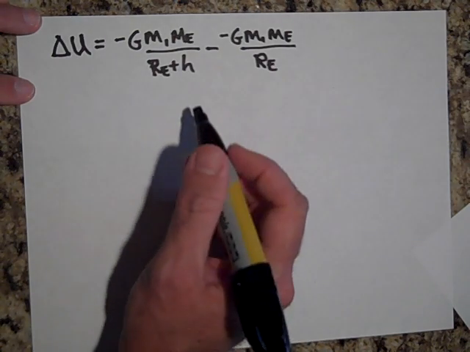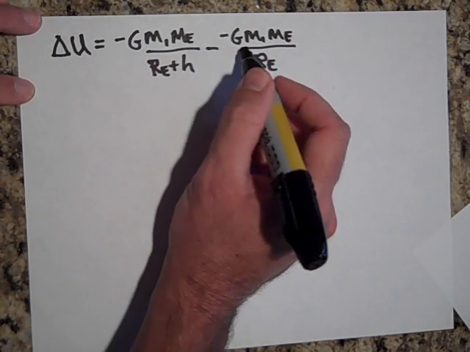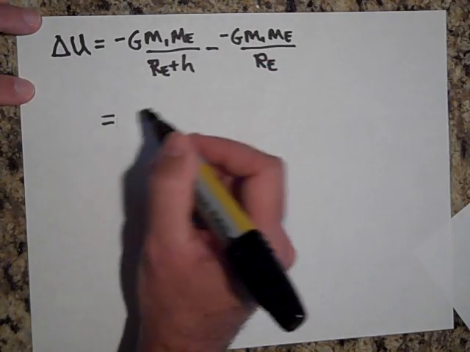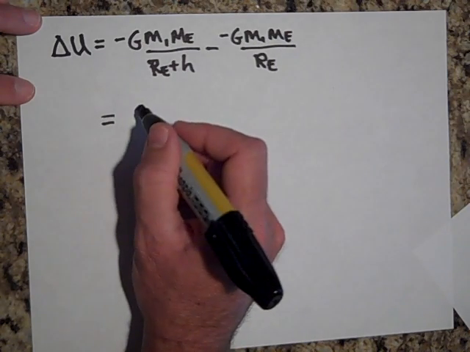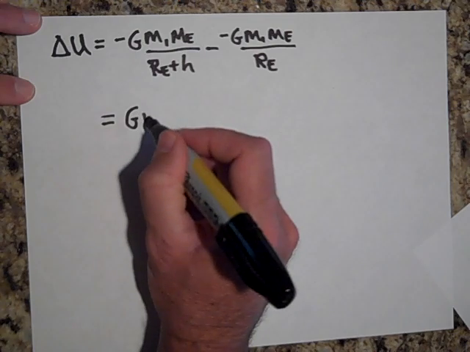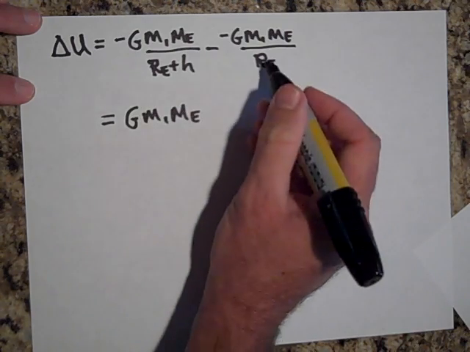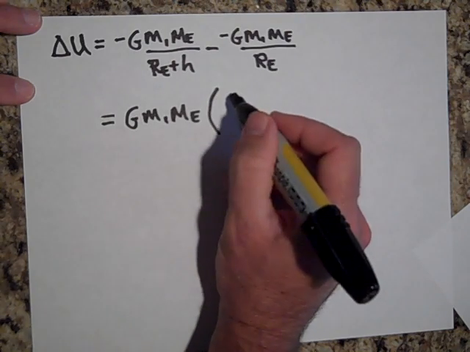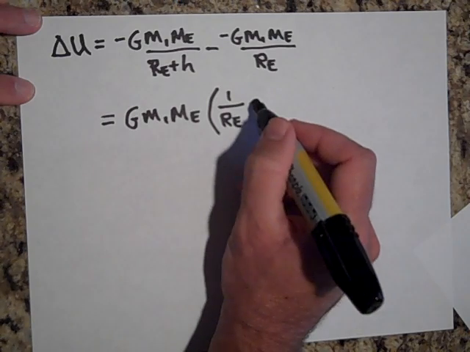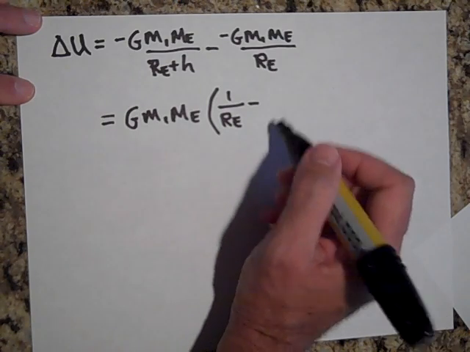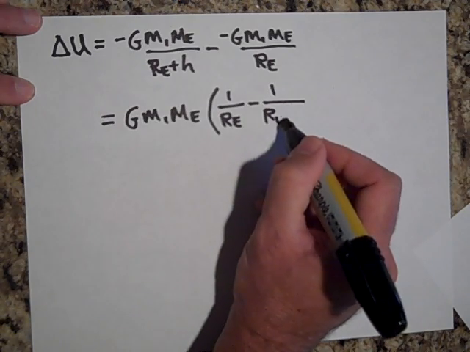Okay, since that's a positive value right there, I'm going to put the positive value first. And I'm also going to pull the G m1 ME out of each term. So I'm left with G m1 ME, and I'm going to bring this out in front. So it's going to be 1 over Re minus 1 over Re plus h.